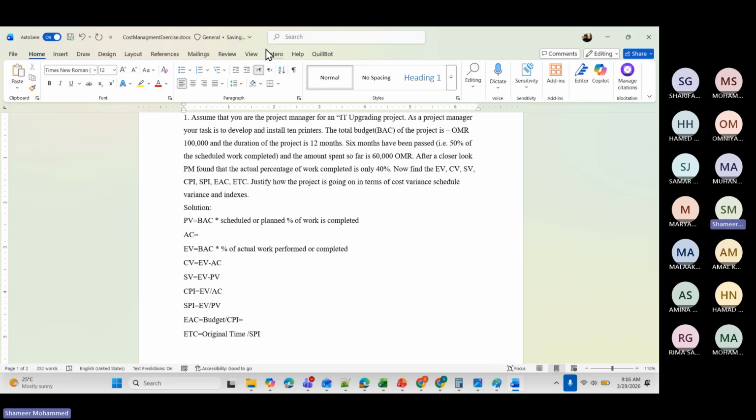This is the question. Please solve it and tell me. Take your paper, take your pen, all of you, solve this problem and tell me the answer. Do it fast, students. I need the answer for this one.